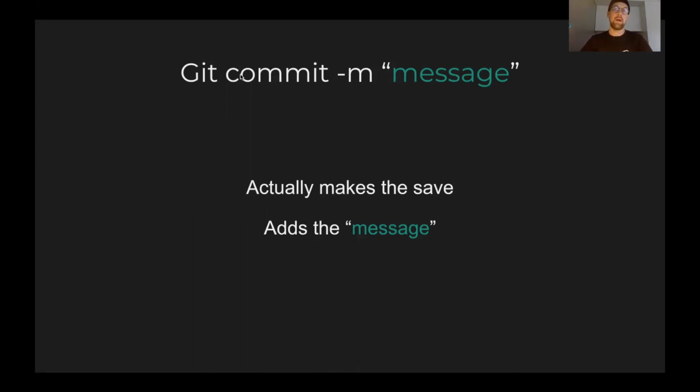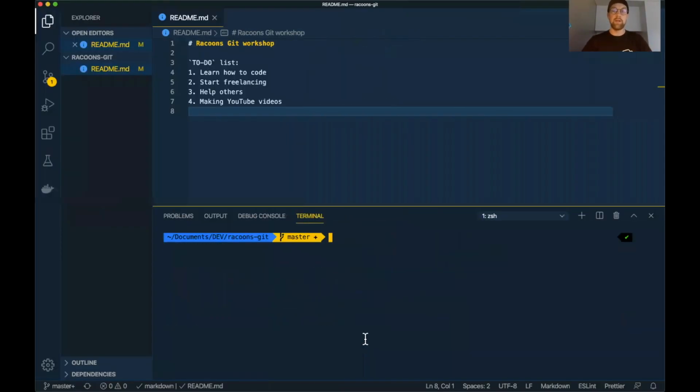So we can type git commit dash m, and then type in the message, what the change we actually made is. Let me show that one in action. So I just type git commit dash m, and then I say this updates readme file.